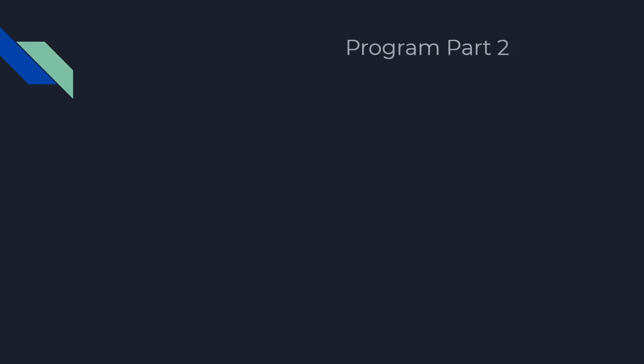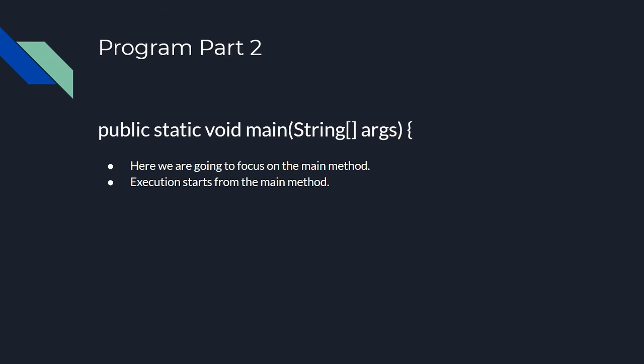So let's move on to our next part of the program, which is public static void main string args. I thought of explaining what each and every word means, but it would be too overwhelming for you at this point. So we will discuss these things later in the course. Let's focus just on the main method. The main method is required, and you will see it in every program we write in Java.